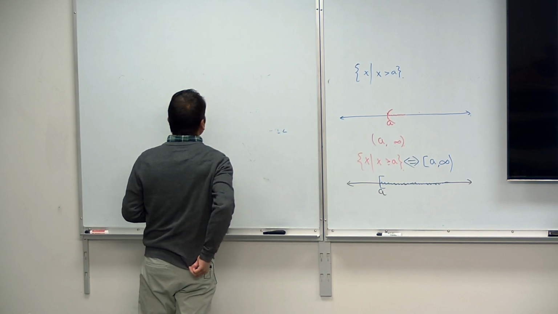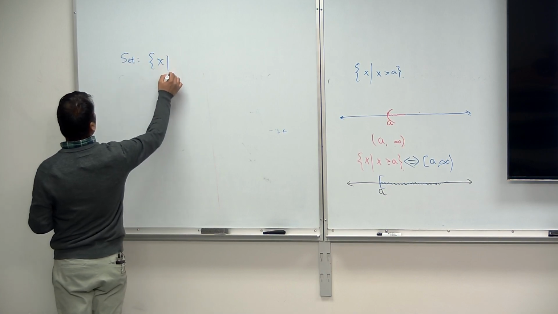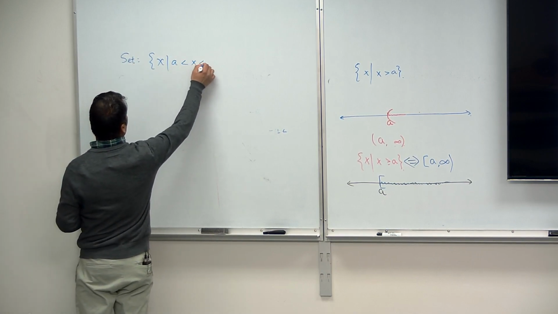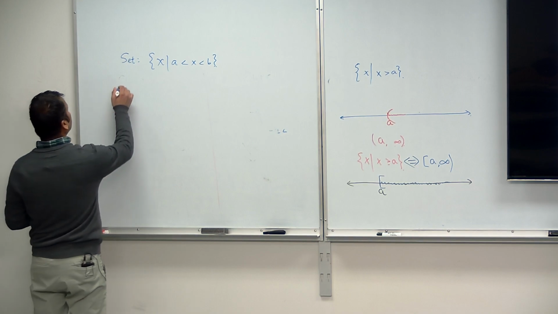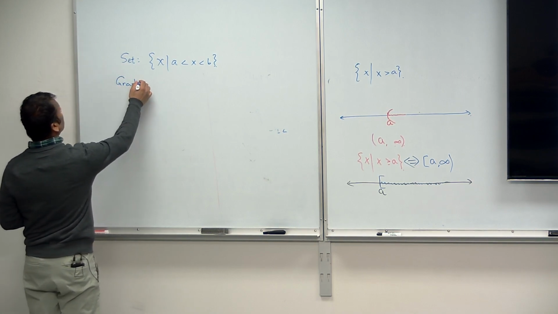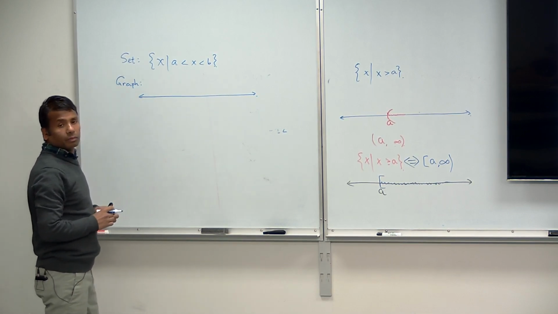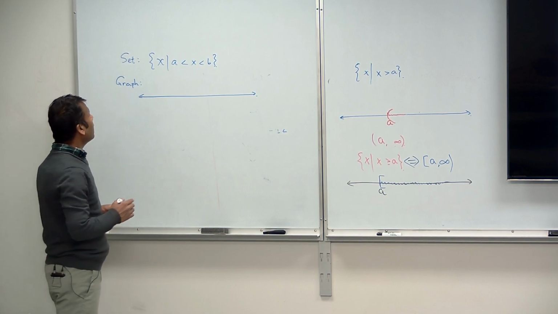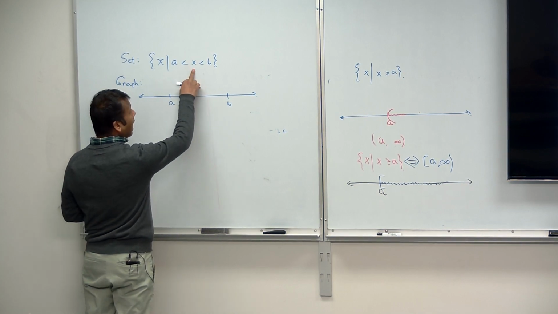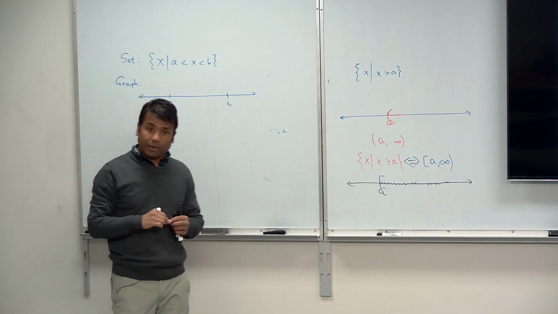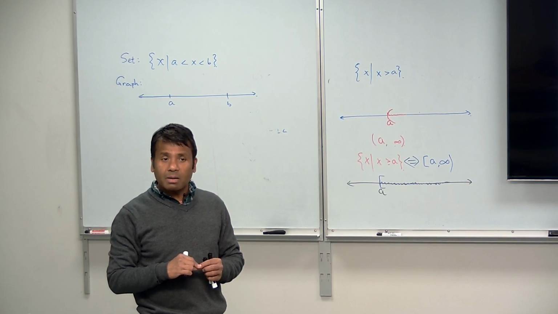So now if you have a set, let's say your set is the set of all x such that a is less than x is less than b, you can graph it on the number line. So let's say this is a number line, right? And then you have a here and you have b here, and you see x is between a and b, right? X is greater than a but less than b.